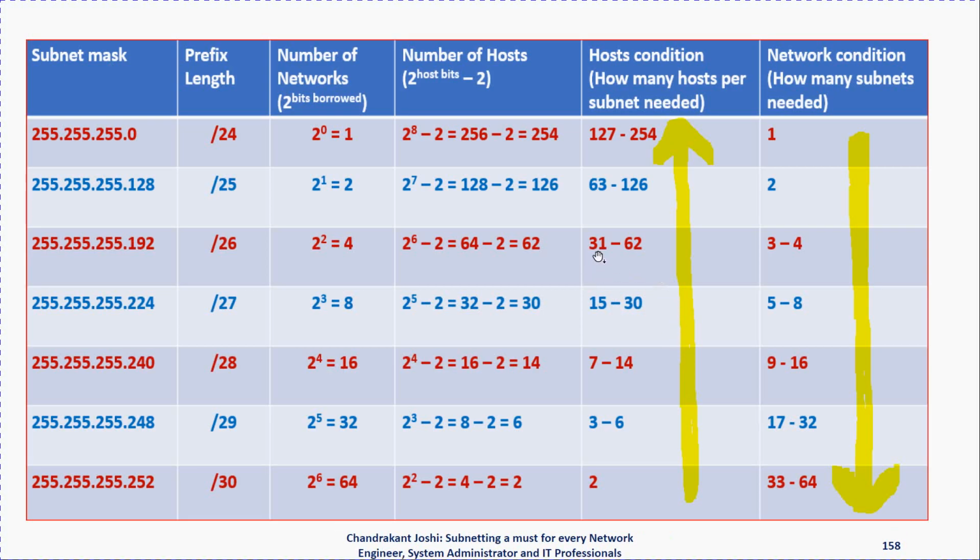So 50 is more than 31 and it is less than 63. So if I use this, I can have a maximum of 30 hosts. So all these are not my requirement based on the number of hosts. I can use this, but there are many. I have got 50 hosts, so I will use this one, although there is a space of 12 extra hosts. So we will use this particular subnet mask or prefix length, and after using this I can have 4 different subnets in that particular case.